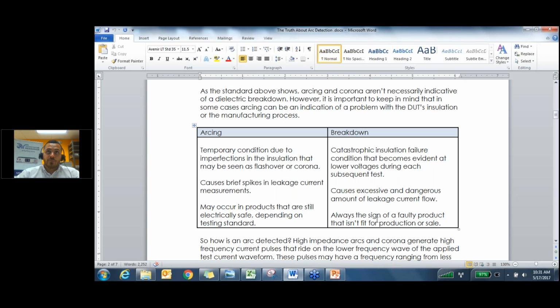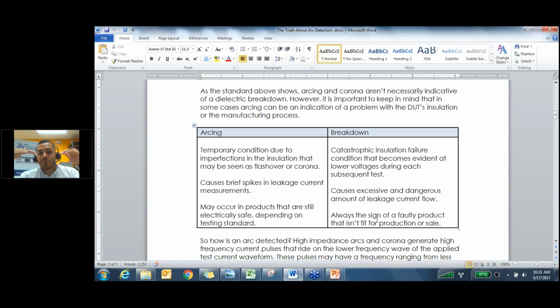Now, for most of our instruments, those levels go from 1 to 9. If I'm at a 9, 9 being the most sensitive, if I see arcing that reads at about 2 milliamps, I'm going to fail you with an arc detect fail, or an arc fail, is what most of your instruments would say, right?